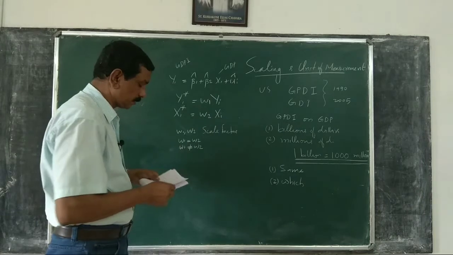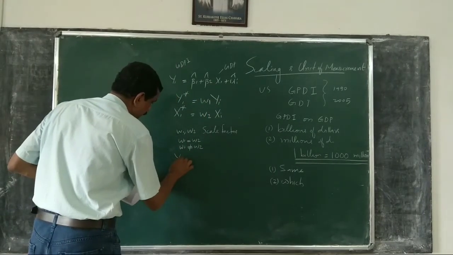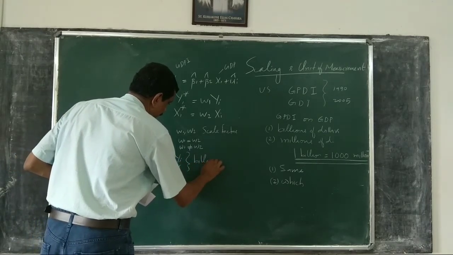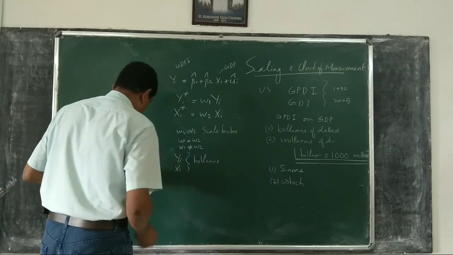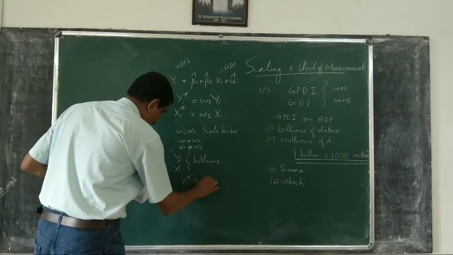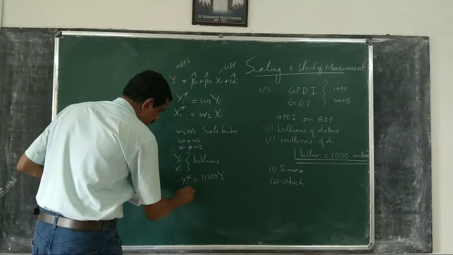Rescaled values. And if yi and xi are in billions of dollars, then what is y star i? Y star i is 1000 into yi. What is x star i?